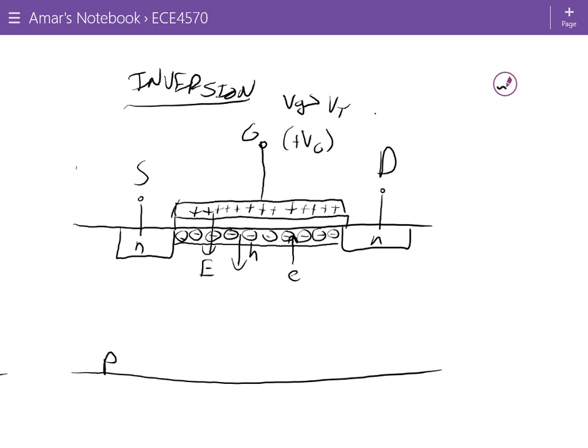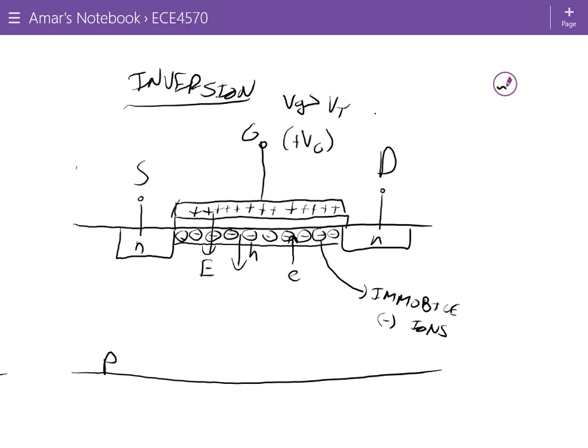So I just want to point out that there are two types of negative charge carriers in the channel during inversion. All right, there are these guys. This is the immobile negative ions.